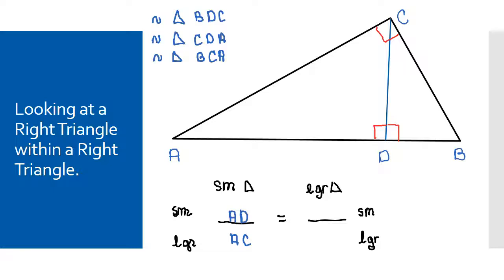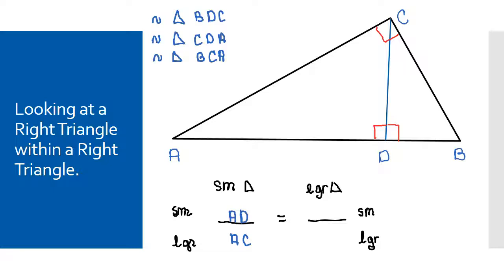So I'm going to take a look at just one example here. I'm going to use a small triangle and then a larger triangle, which means I can compare something smaller to something larger. That could be small to medium, small to large, medium to large. I'm going to take a look at the lines AD.